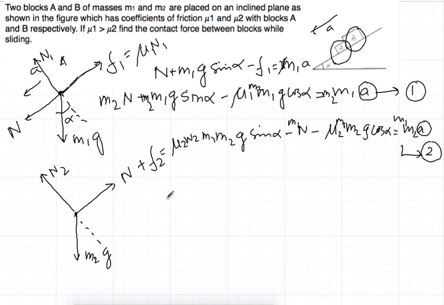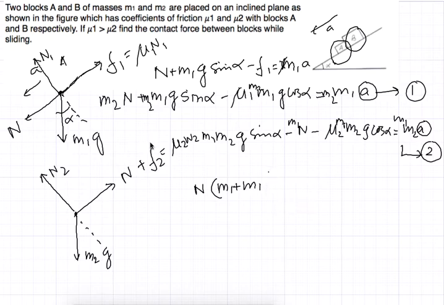I have to be very careful. Taking N terms, we get N times m2 plus m1.